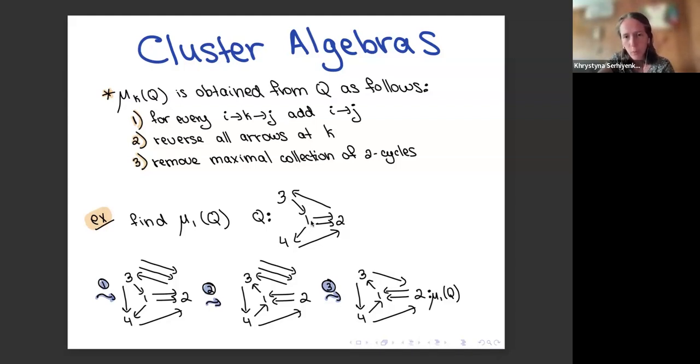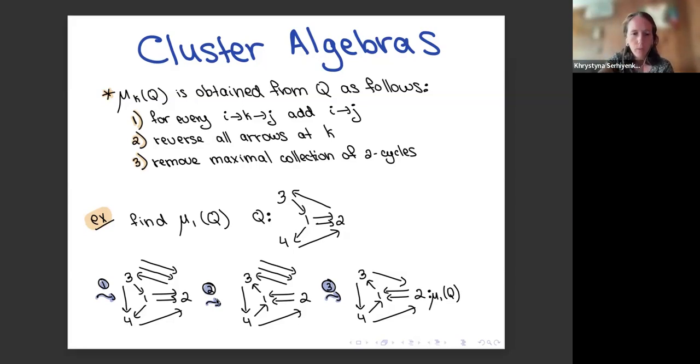I go from 3 to 1 via the top arrow, and I can also go from 3 to 1 via the bottom arrow. So actually there are 2 paths from 3 to 1 to 2. So I'm going to add 2 arrows from 3 to 2. My resulting quiver after the first step is as follows. I have 2 arrows from 3 to 2, and I added an arrow from 3 to 4.